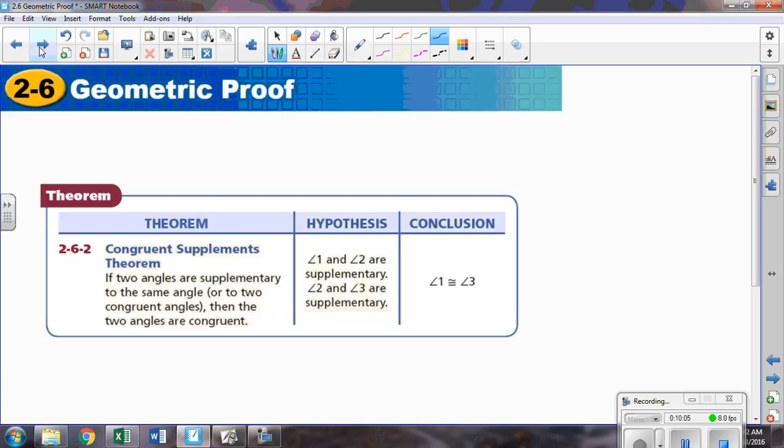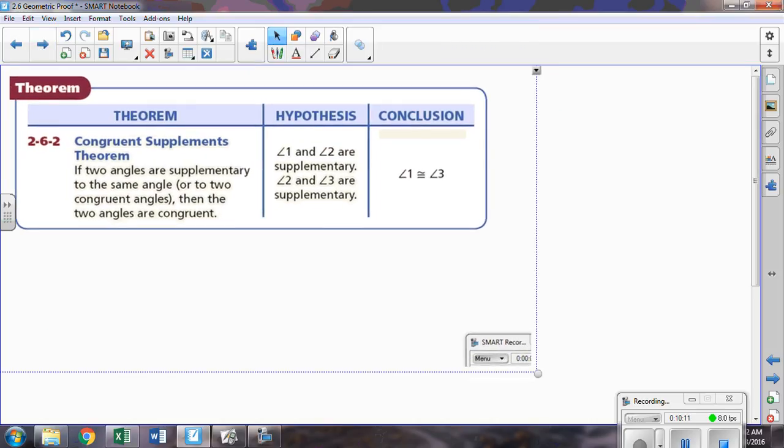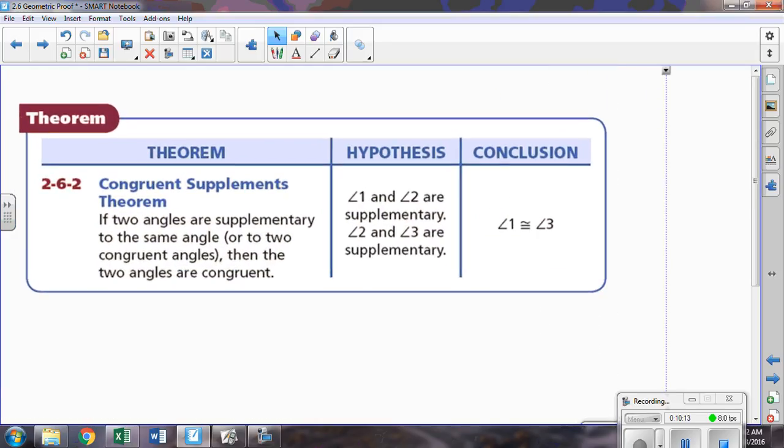So we have a second theorem as well. This one is called the congruent supplements theorem. This one says if two angles are supplementary to the same angle, or possibly the two congruent angles, then the two angles are congruent. The symbolic logic here is a little bit more complex.